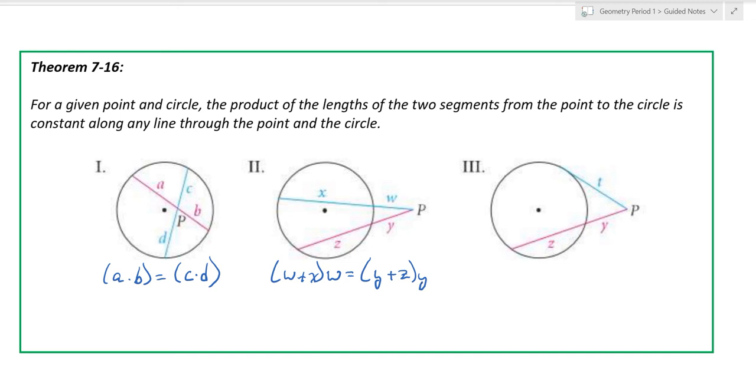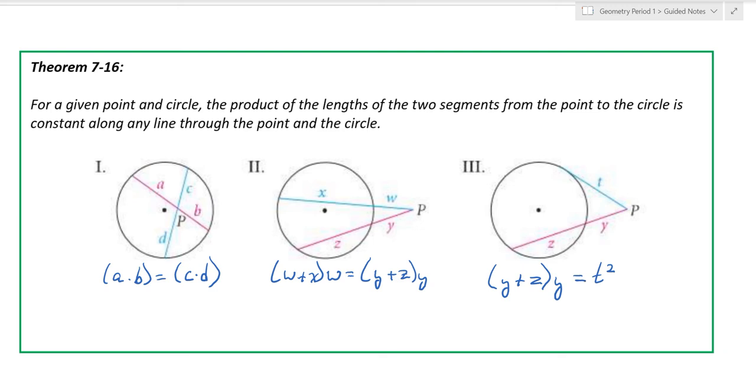So type 2 was 2 secants, type 3 is a secant and a tangent. So in this particular case, for type 3, we have Y plus Z times Y equals T squared. And there we have that one. So that is Theorem 716, types 1, 2, and 3.